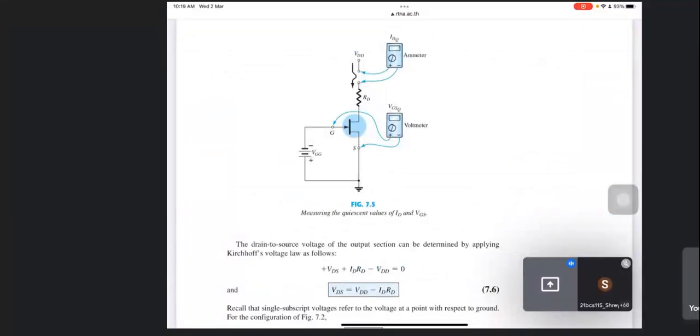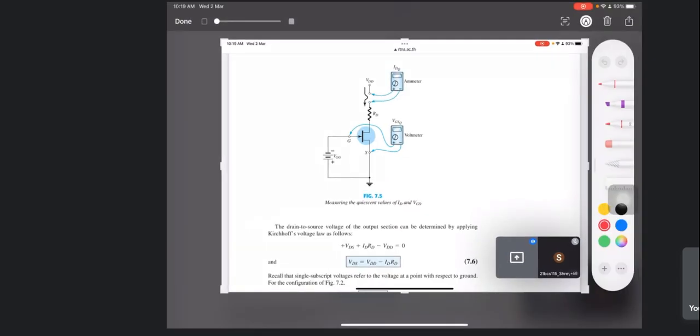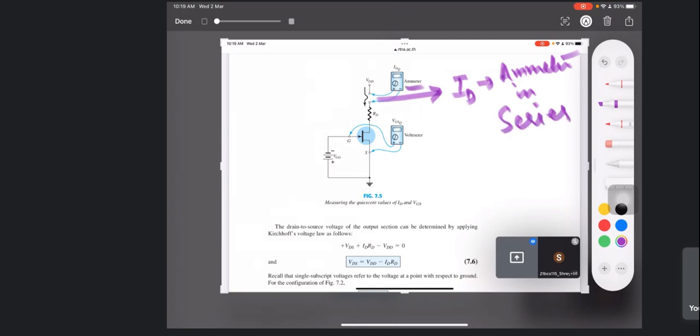Now let us find the other loop. This is RD. To find the current ID, we have to place the ammeter in series, that's why the ammeter is here, and this ID current is flowing from here.